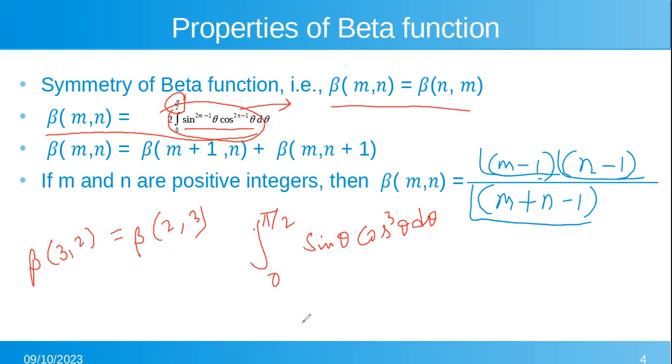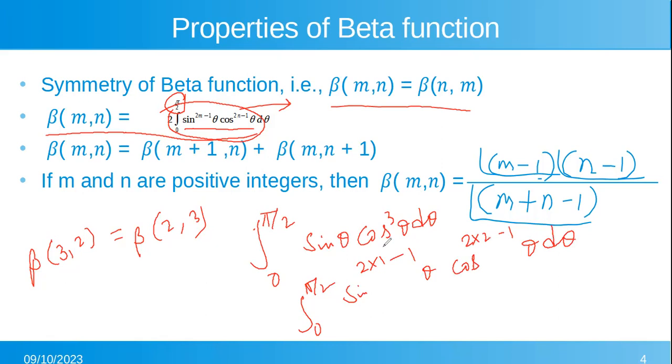So we can represent this expression like sine to the power 2 into 1, that is 2, minus 1, that is 1. So verified, sine theta, and cos to the power 2 into 2 minus 1. It is also verified. We can get from this expression 3. So cos cube theta d theta.